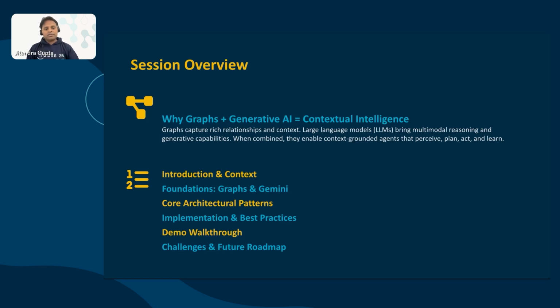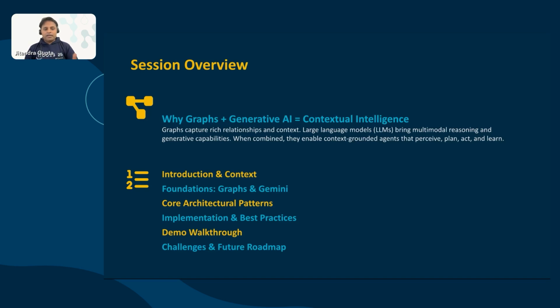We'll look into the quick introduction and the context setting. We'll look into the foundations of graphs and Gemini. Then we'll walk through the core architectural patterns, the various patterns that really make sense in the AI agent journey. Then further we'll walk through the implementation and the best practices.